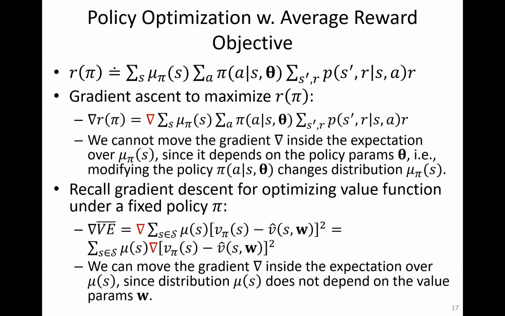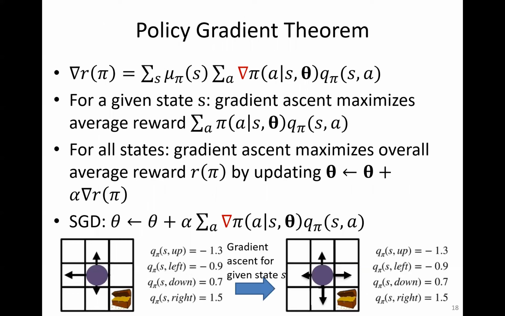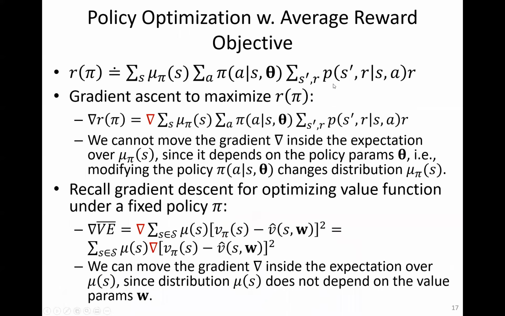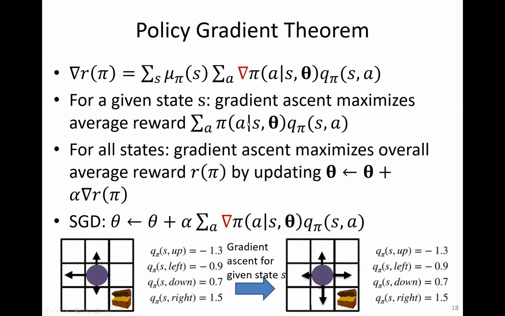However, there's a policy gradient theorem that says you can put the gradient inside as long as you have the q pi at the end. So compare these two. You cannot move the gradient operator inside directly, but if you have this q pi on the right, it's okay.